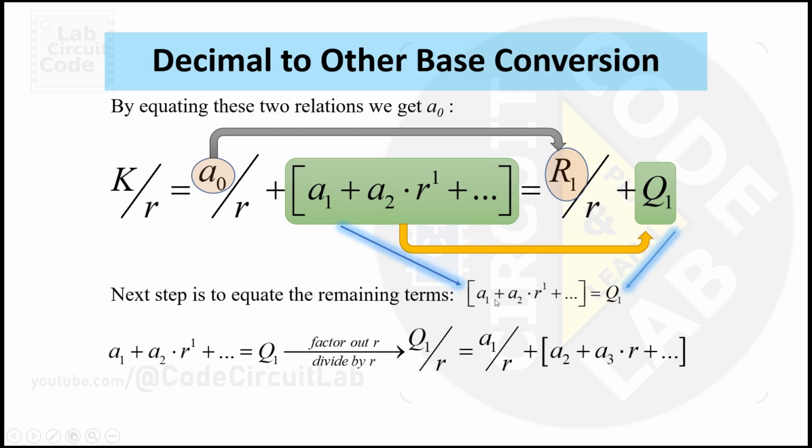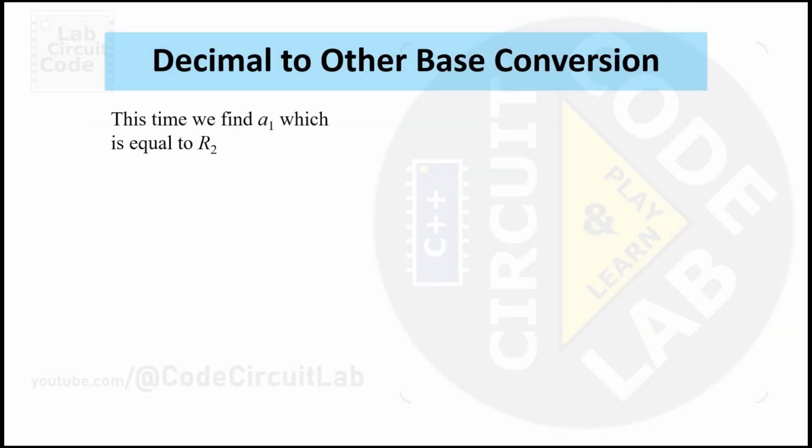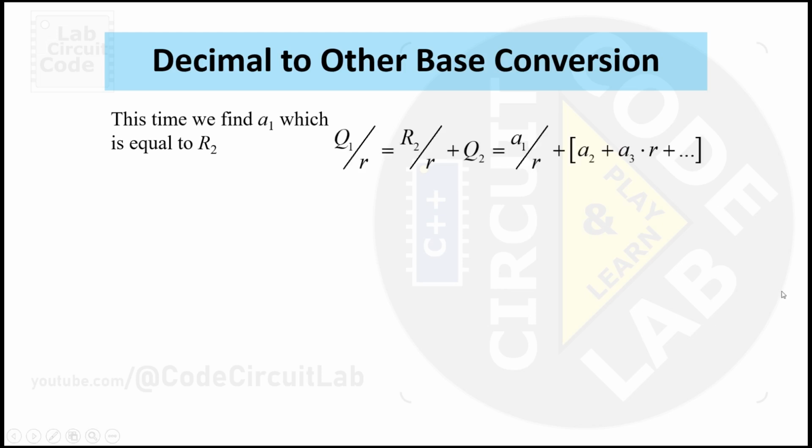In this formula that we have here, we again factor out r and divide by r, and we get something like this. This time we find a1, which is equal to r2. See, now we have a1, it's already revealed, and q2 is for the remaining terms.